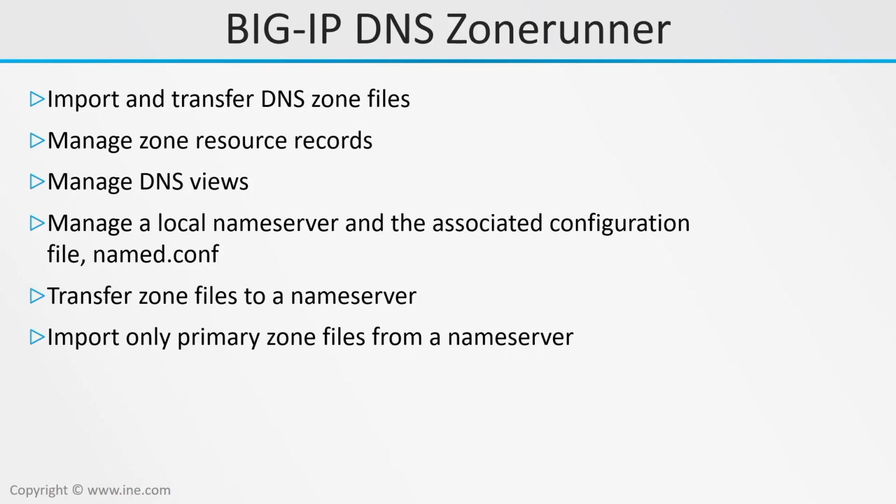The fifth option there is transfer zone files to a name server, and the sixth is import only primary zone files from a name server. So it allows you to act as a primary or a hint zone, different from a secondary zone, things like that. You can import specific pieces of a zone file if you choose.